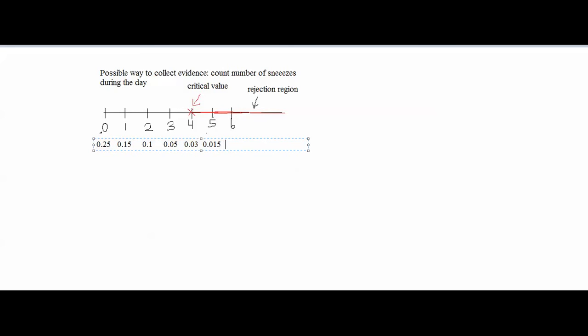And let's say that 6 times has a 0.005 chance of happening. So these are all the probabilities of each outcome happening in the situation of the null being true.